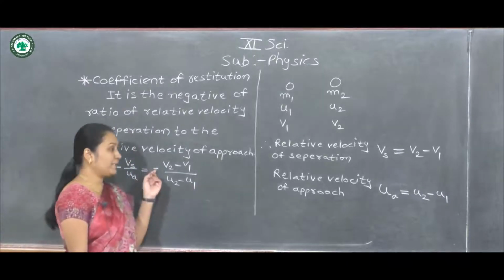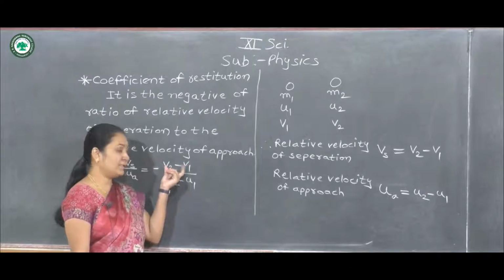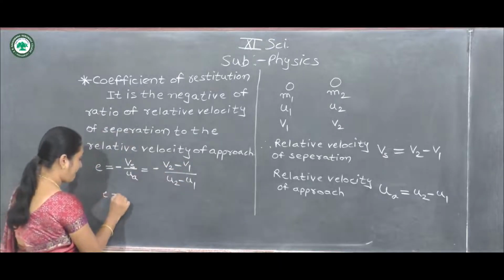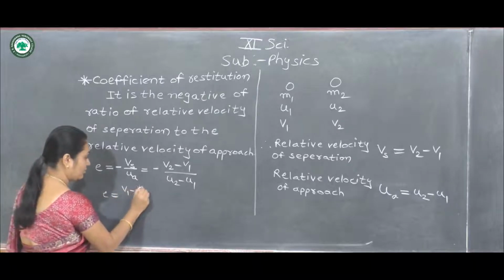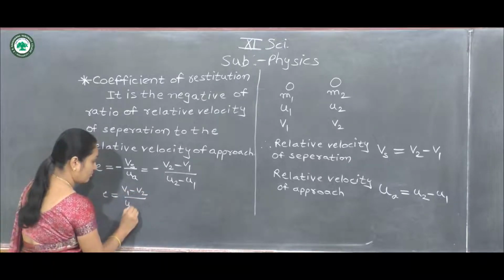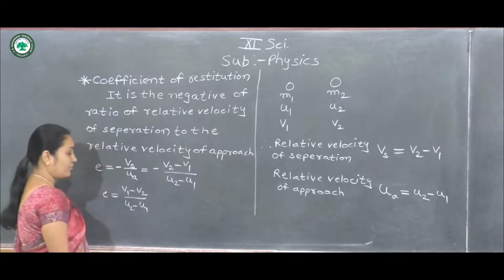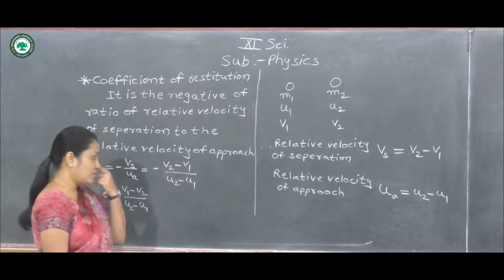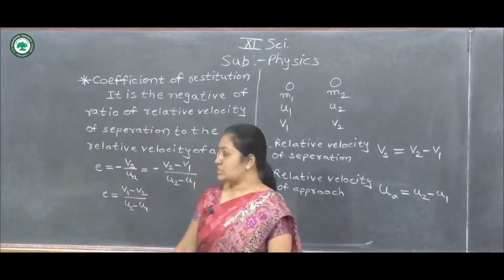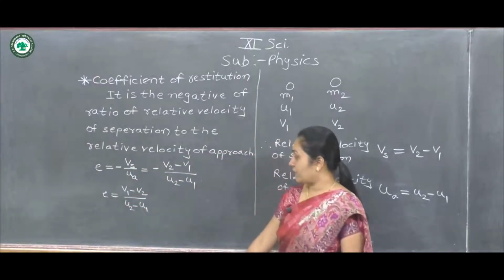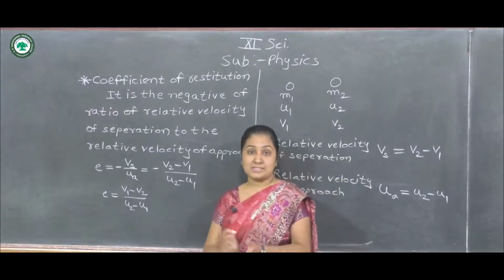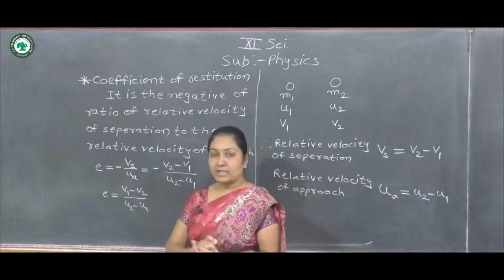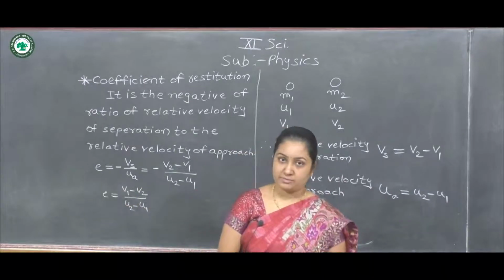Multiplying with the minus sign, we can write this formula as e equal to (V1 minus V2) upon (U2 minus U1). Either formula can be used, they are the same. This is the formula for e, the coefficient of restitution.